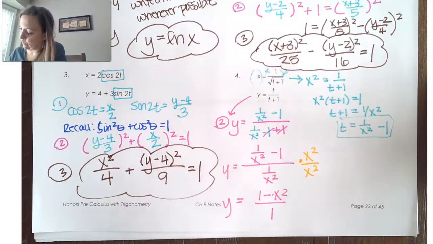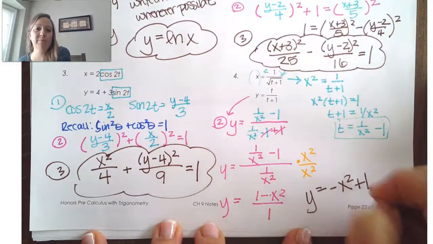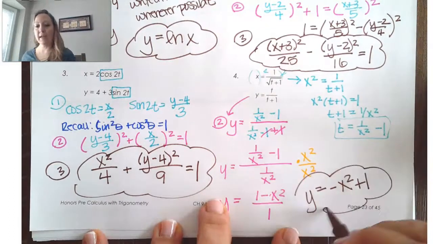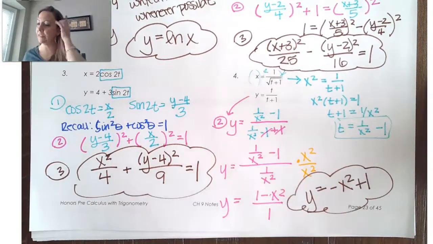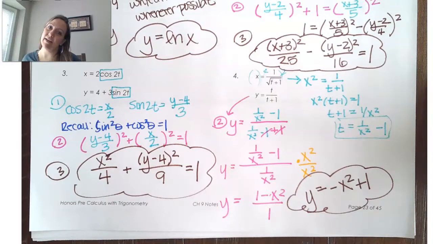So y is going to equal negative x squared plus 1. I'll write it in standard form like that. Okay, and there you have it. So that's a little about how we can rewrite parametric equations in a rectangular form, and also use some of those Pythagorean identities to help along the way.